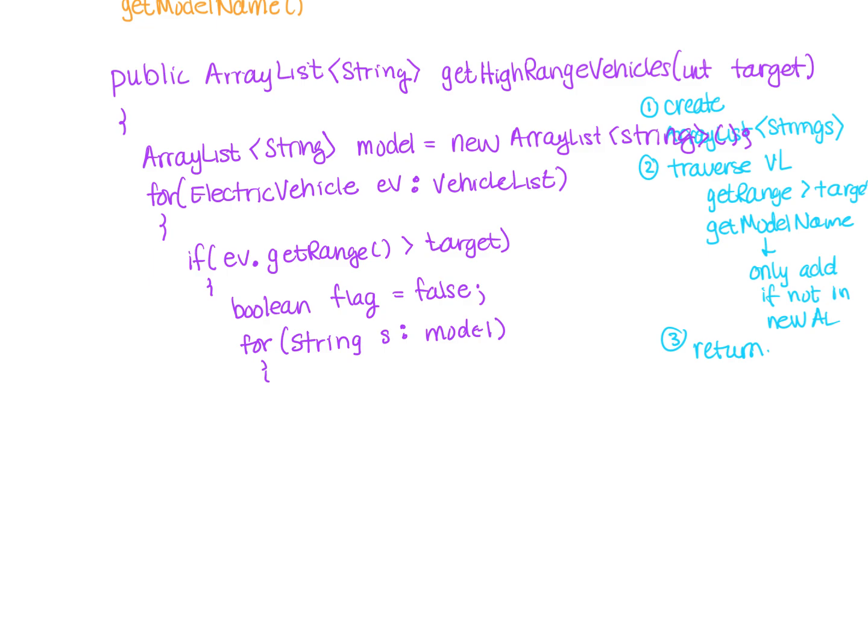And we're going to say if the string is equal to ev.getModelName, then that means we found one and we don't want to include it. So our Boolean flag is now going to change to true.